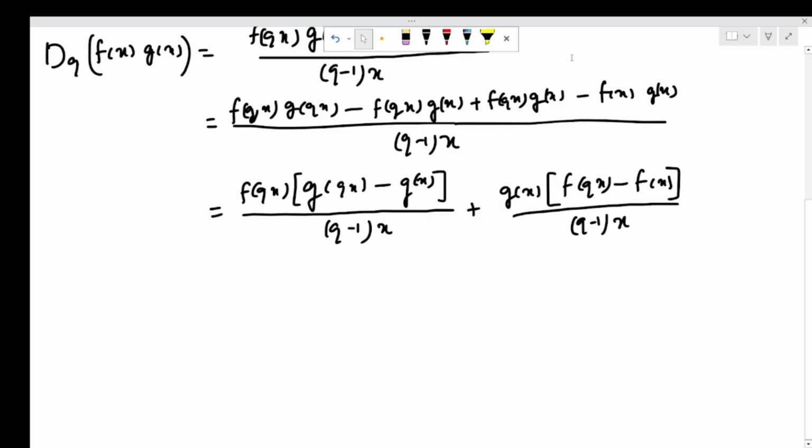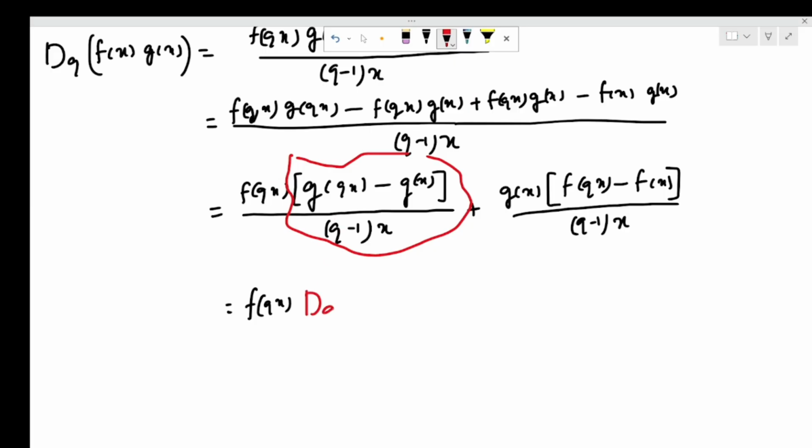Next, what we will see. Now if you see this part, f of qx into this part, it is nothing but the formula for the quantum derivative of g of x.